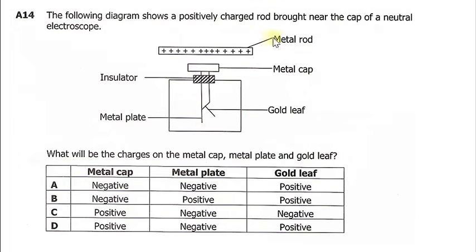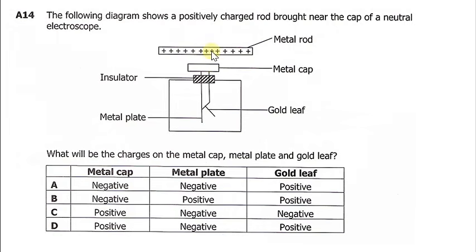When this rod is brought near the metal cap, there will be electrostatic induction here. According to the properties of electric charges, unlike charges will attract each other, while like charges will repel.